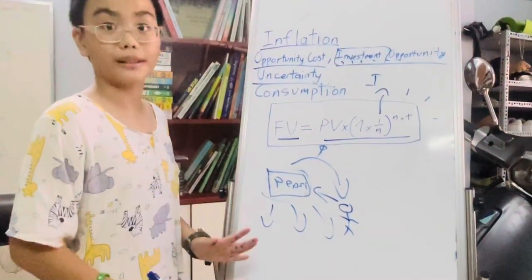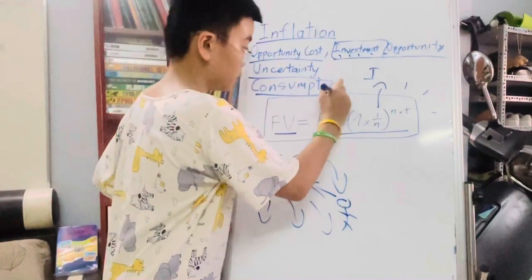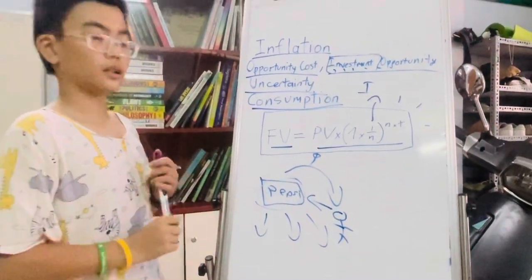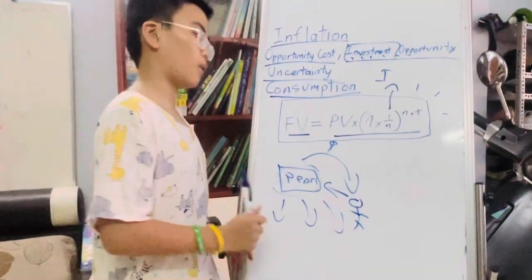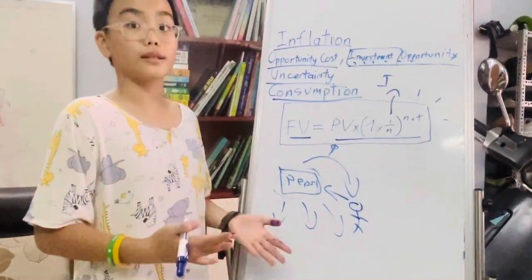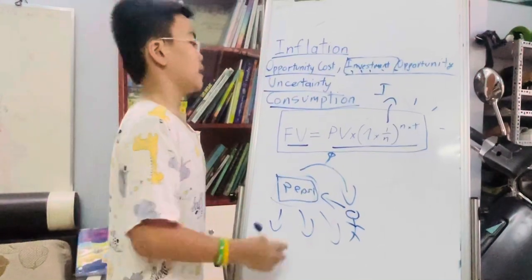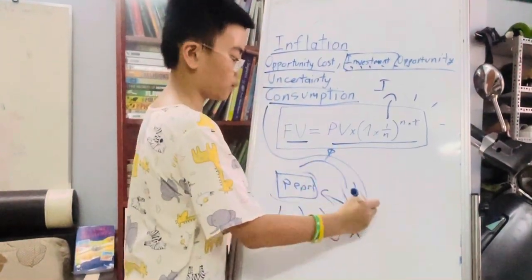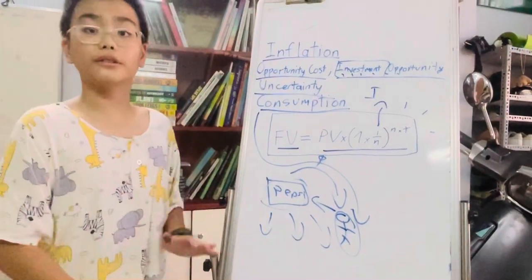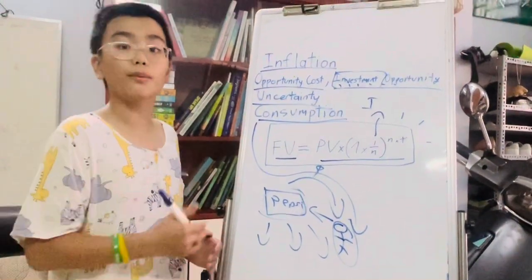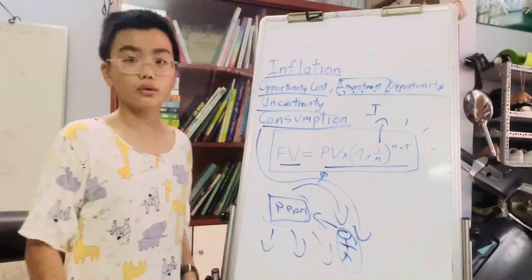And lastly, consumption. I put consumption last because it is the part I wanted to present last. Obviously, this is because consumption is what these individuals, this stickman, wants to buy. He wants to buy food, drinks, clothes for his family.